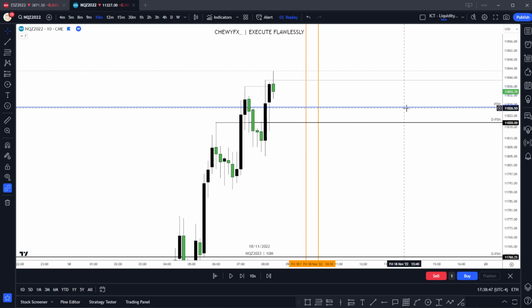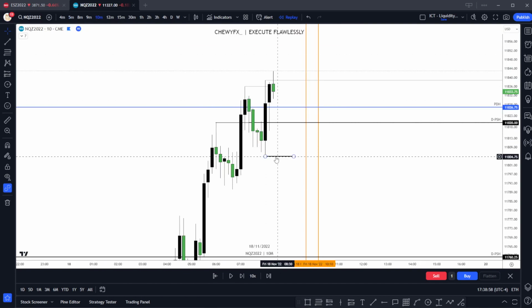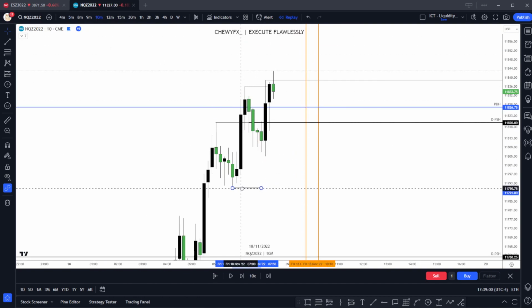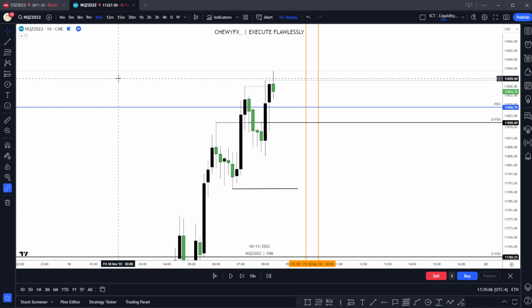But first, we need to identify our 10-minute swing low. Okay, it's not valid as we need it to be a bearish candle. So this is looking like the area we'd look for a 10-minute bearish MSS as of now.